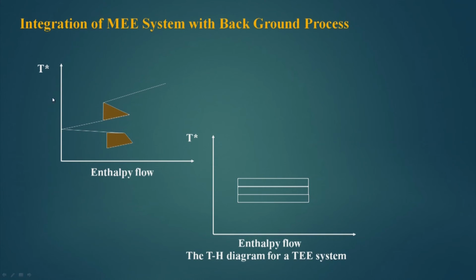When I say background process, I always talk about the GCC of the background process. Now, this shows a GCC. It is under T star enthalpy flow, that is shifted temperatures and enthalpy. This is also a shifted temperature enthalpy. So, both are within the same axes. So, it can be integrated. Let us see how to integrate it.